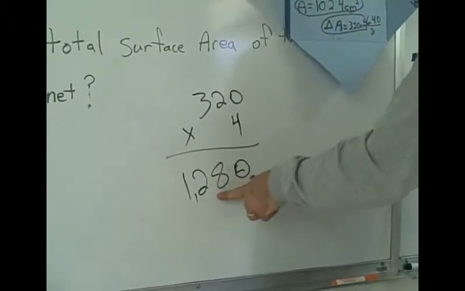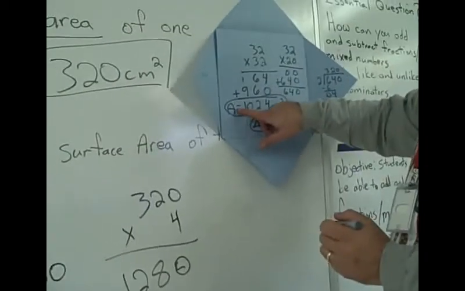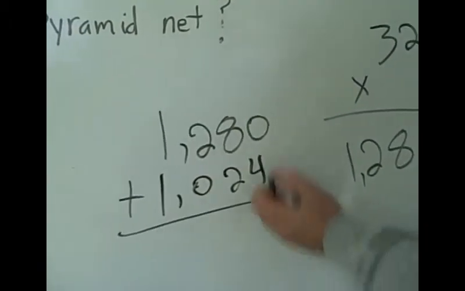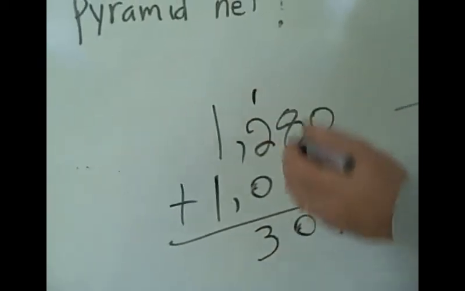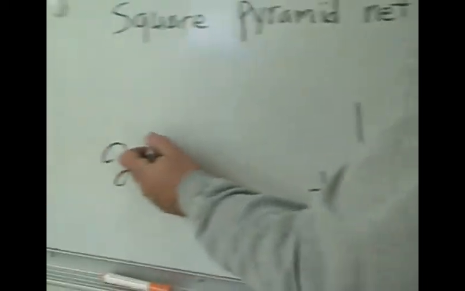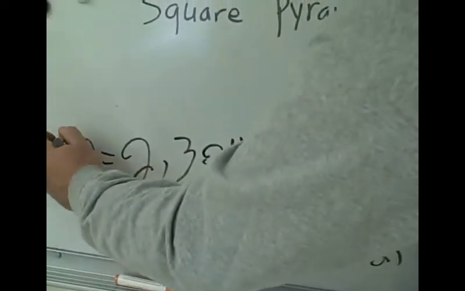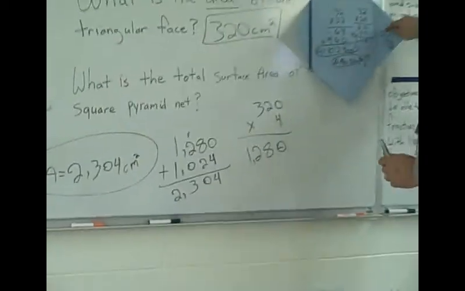Then we're going to take this and add it to our square, which was 1,024. 4 plus 0 is 4. 8 plus 2 is 10. 2 plus 1 is 3. 1 plus 1 is 2. 2,304. 2,304 centimeters to the second power is our surface area, counting all the sides, the faces, and the square.